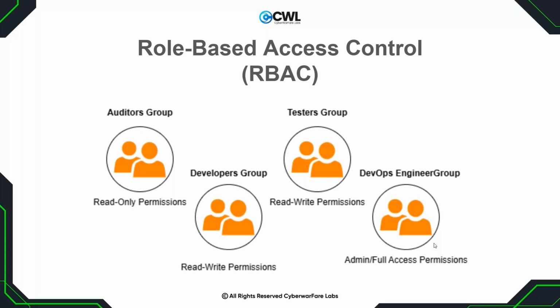So let's say we can assign read-only permissions to auditors, which is sufficient to do their task. This permission will allow users to view the state and configuration of AWS resources without making any changes. So this is ideal for users who only need monitoring or auditing capabilities.